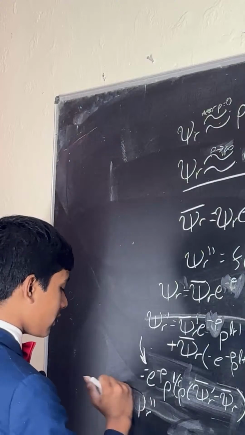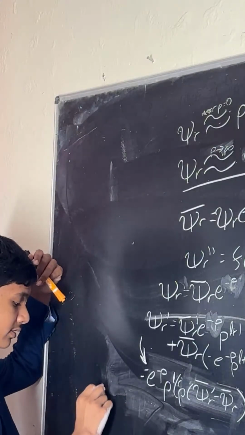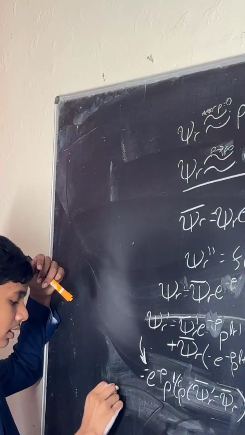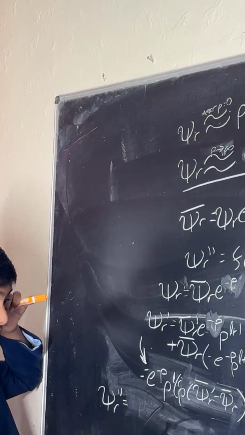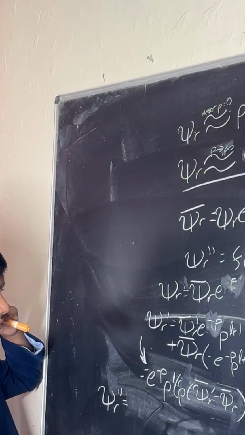Kind of obvious, right? So we write psi r double prime is equal to, well, what happens when we take the derivative of this? That's why we factor out e to the minus rho.